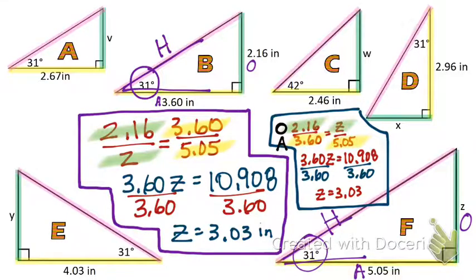So we took the opposite side over the adjacent side in triangle B, and Z is the opposite side, and 5.05 is the adjacent side. So we took the opposite over adjacent in triangle F. And if you've been paying attention to what Miss Olson hates, Miss Olson hates SOHCAHTOA.